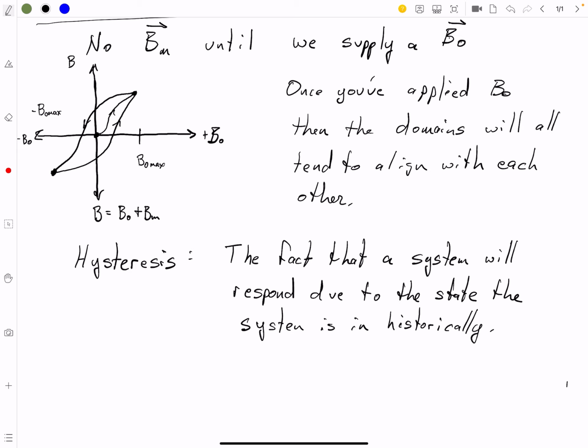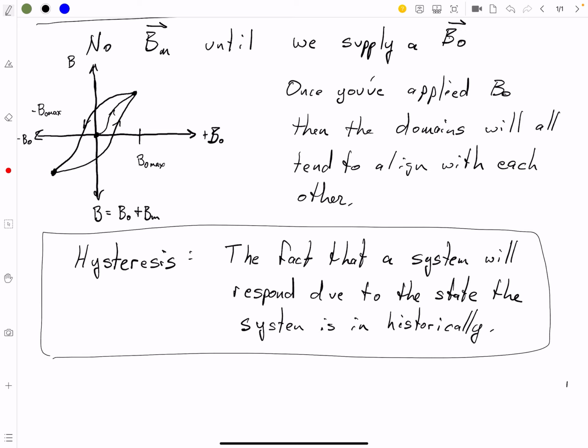And depending on where you are ferromagnetically, the application of that external B field will cause greater or less resultant B field. So, fine. So that's hysteresis. Something to know, by the way, because that's probably a testable thing.